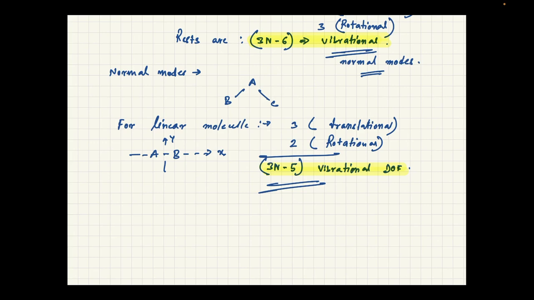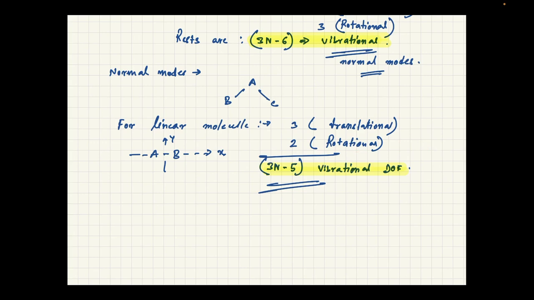So translational motion means what? There will be some irreducible representations where linear coordinates like x, y and z act as a basis. So those irreducible representations correspond to translational motion. Then for rotational motion, the functions Rx, Ry, Rz can act as a basis for some irreducible representations which correspond to rotational motion.